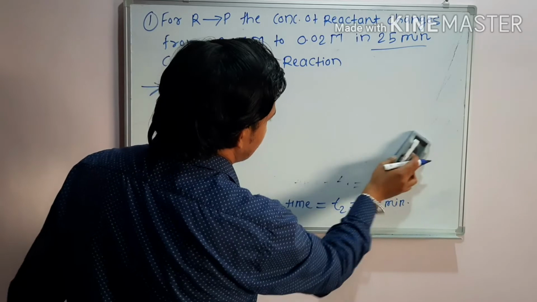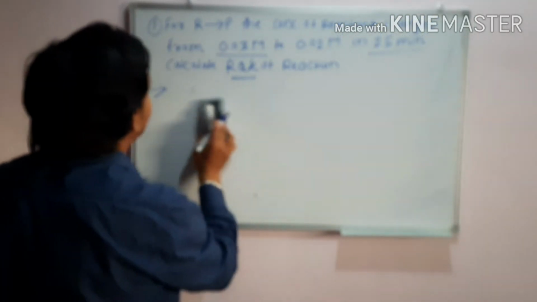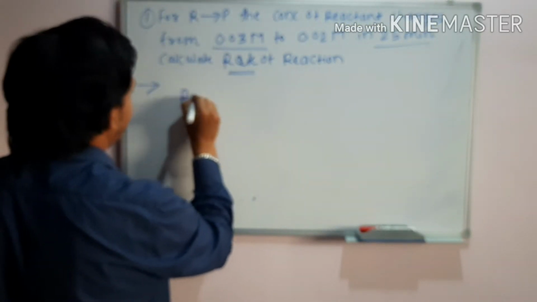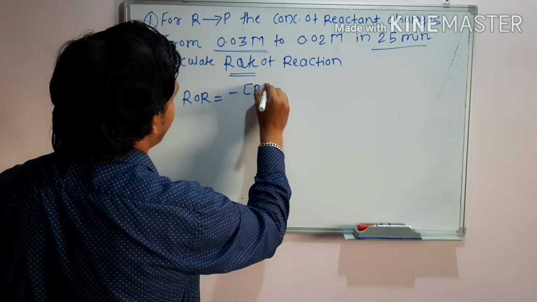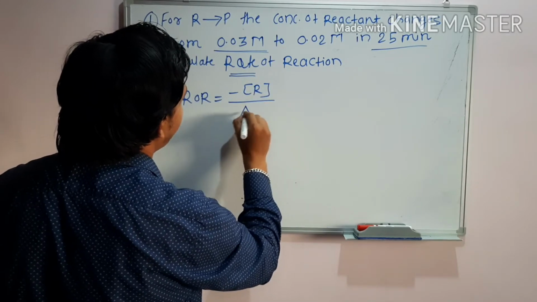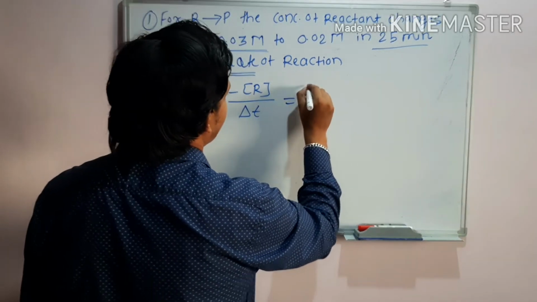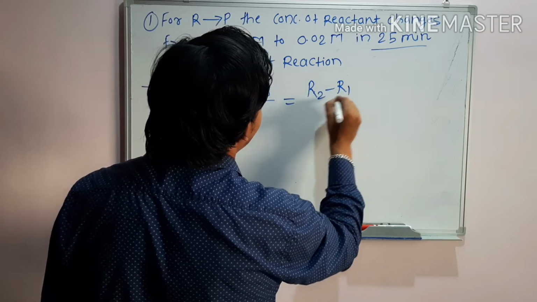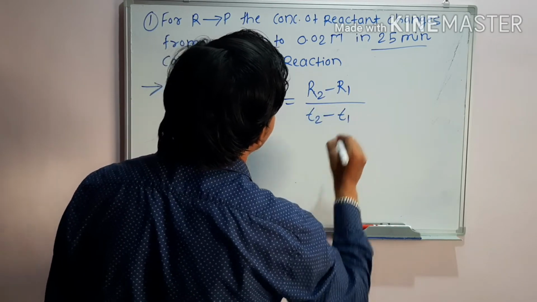Okay, so let us see, reactant R is converted into product. Then our point is the rate of reaction is equal to minus del R divided by del T. So we have to simplify or modify it: R2 minus R1 divided by T2 minus T1.